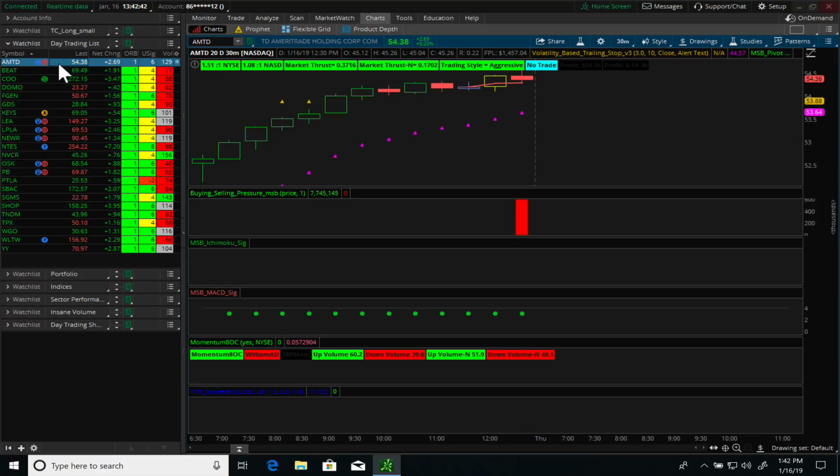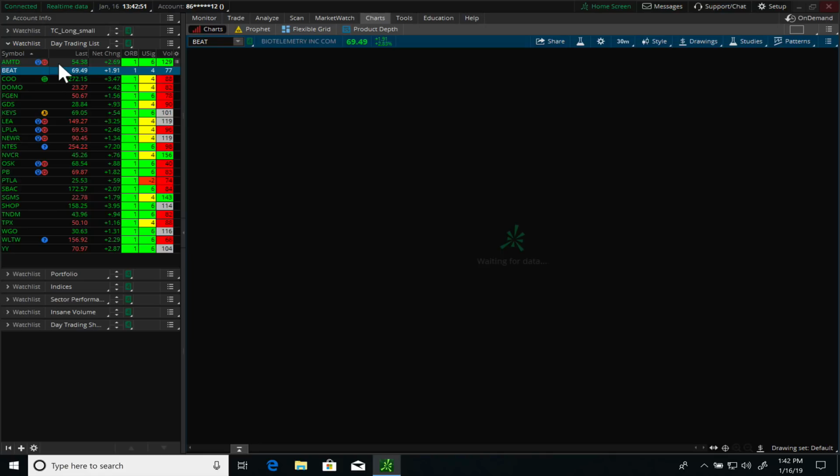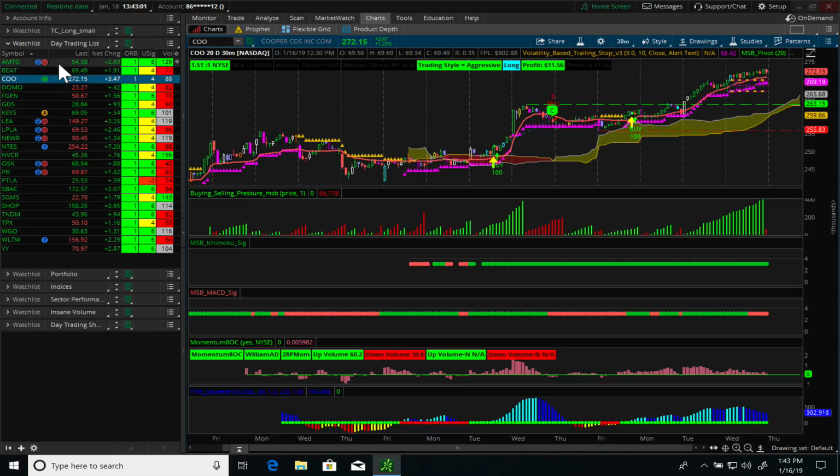Okay, so this one I did calculate what the profit is, and I'm going to show it to you as well. This is a trade that just got triggered today. It was in the list, $1.73 in profit. Let's look at Beat. I actually took this trade. $2.67 in profit. I took it today, but this was initiated a day before.